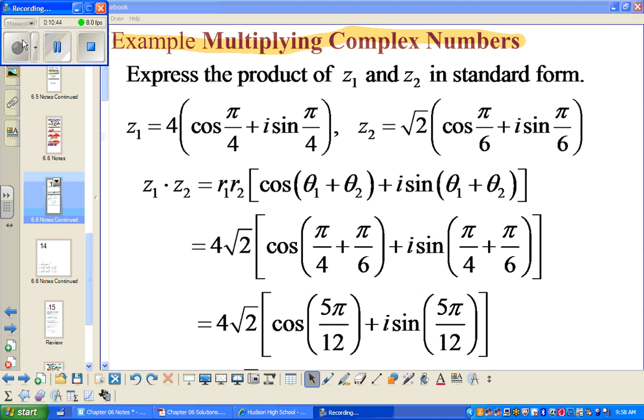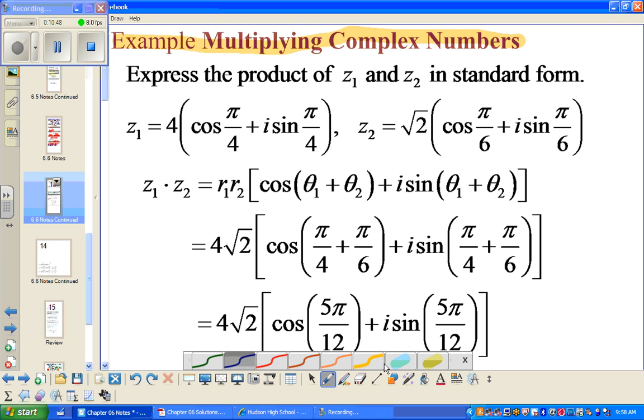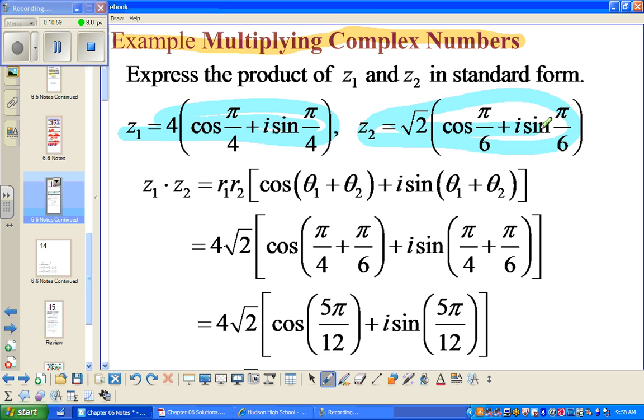Here's an example that I have already written out just to save all of us a little time. If I want to take the product of z1 and z2, well, here's z1, here's z2. Remember, if I'm taking the product, this is the formula that I'm going to use. So this isn't something new.